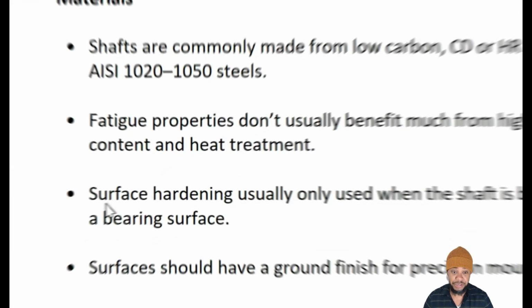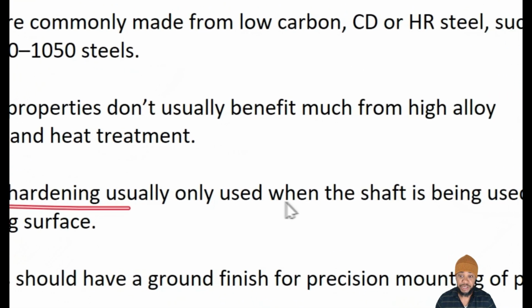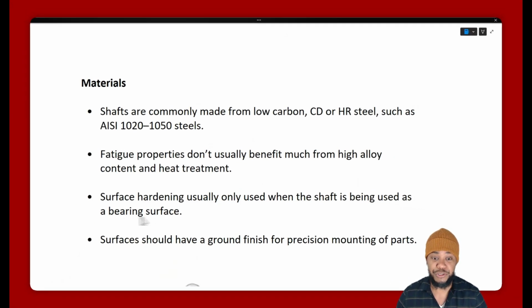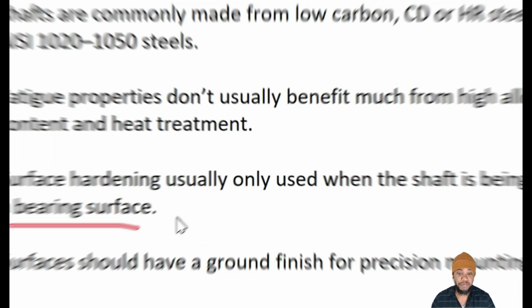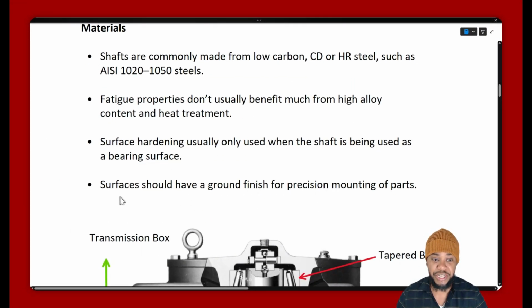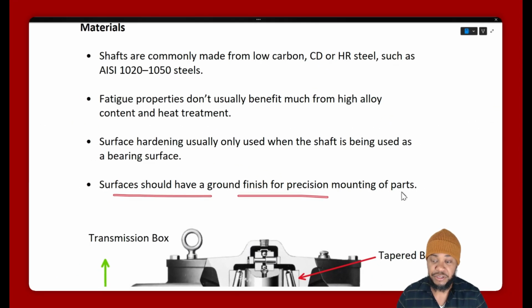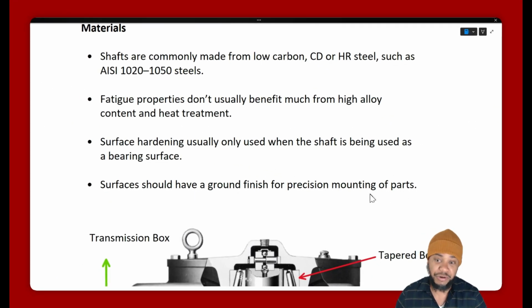Generally, the only hardening that is done to these steels is where they are in contact with other features, such as bearing surfaces. And overall, a shaft should be ground finished and polished precisely so that all the parts, the gears, the bearings, can have tight dimensional mounting along the shaft.